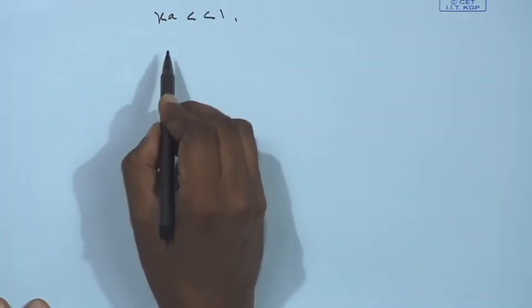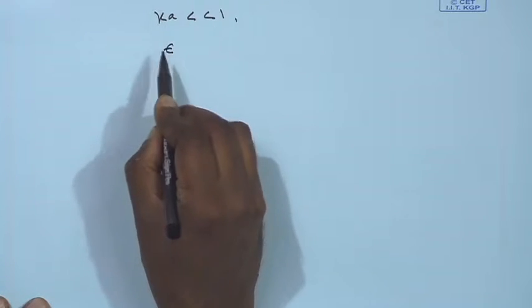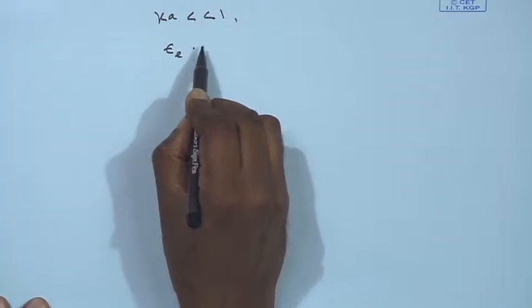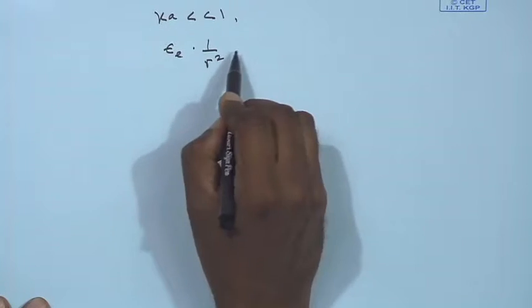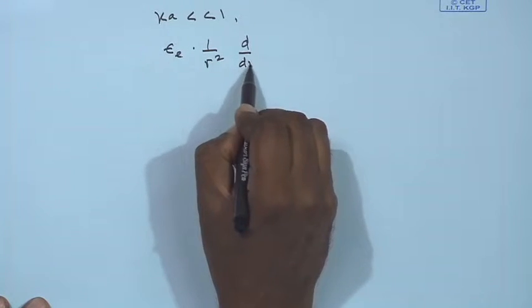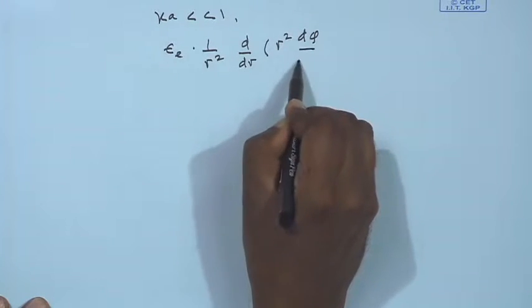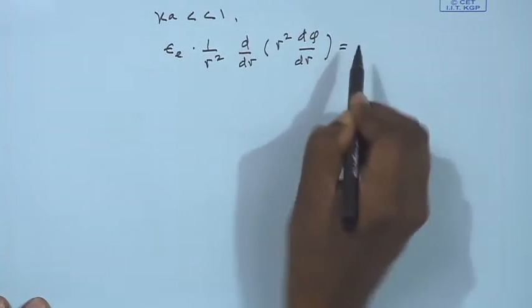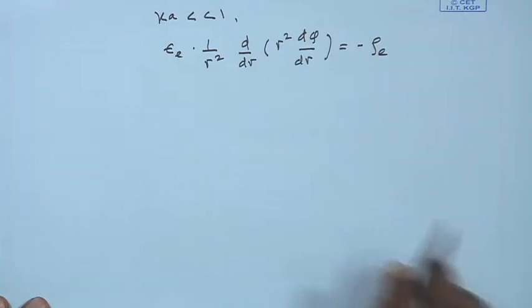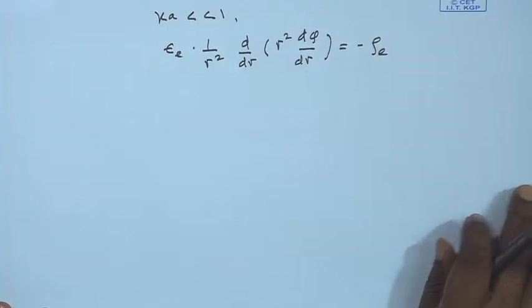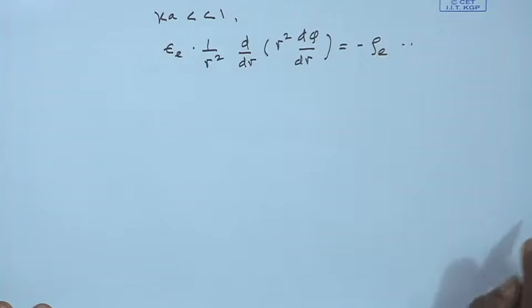Then the Poisson equation for the electric field can be expressed as epsilon e times 1 by r square d dr of r square d phi dr equal to minus rho e. This is the form of the Poisson equation.